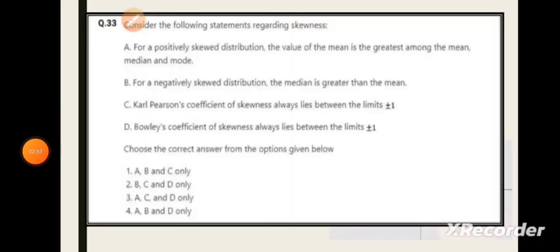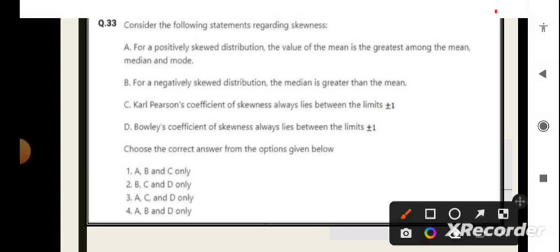Next question is, which of the following statements are correct regarding skewness? Statement first is, for a positively skewed distribution, the value of the mean is the greatest among the mean, median and mode. Statement second is, for a negatively skewed distribution, the median is greater than the mean. Statement third is, Karl Pearson's coefficient of skewness always lies between the limits plus minus 1.